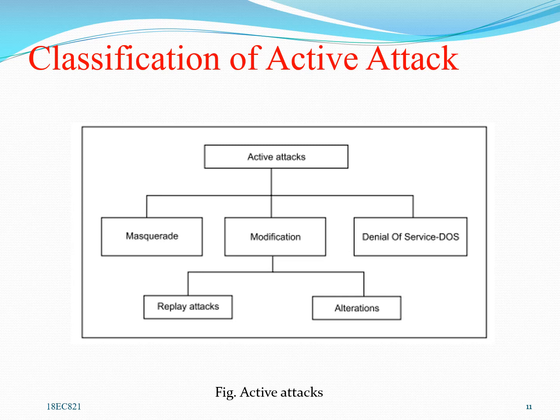Masquerade is caused when an unauthorized entity pretends to be another entity. For example, user C might pose as user A and send a message to user B. User B might be led to believe that the message came from user A. In masquerade attacks, an entity poses as another entity.